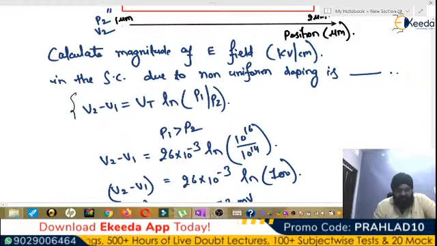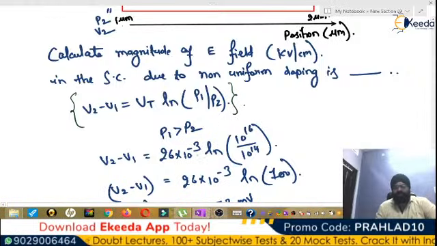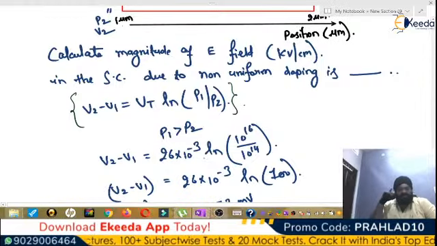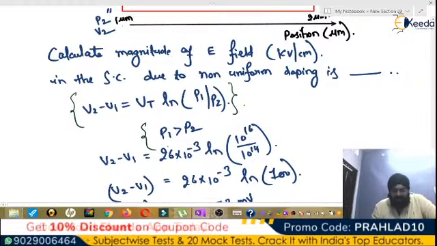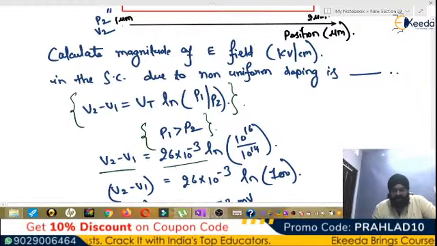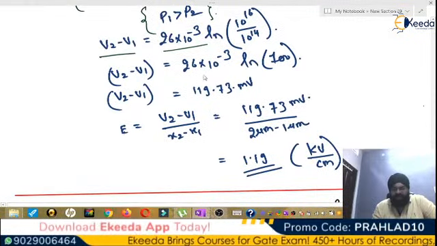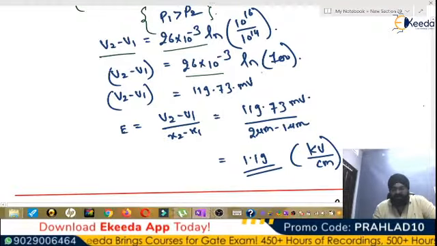So we know the value of V2 minus V1. V2 minus V1 is Vt ln(P1/P2). It is given P1 is greater than P2. So V2 minus V1 is 26 × 10^-3 ln(10^16 over 10^14). So it is 26 × 10^-3 ln 100.